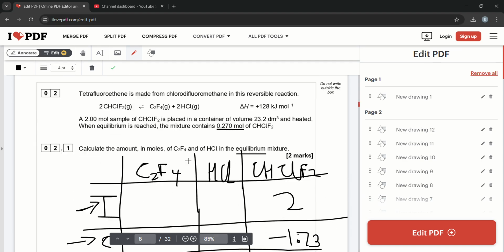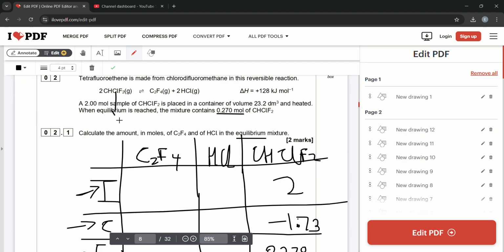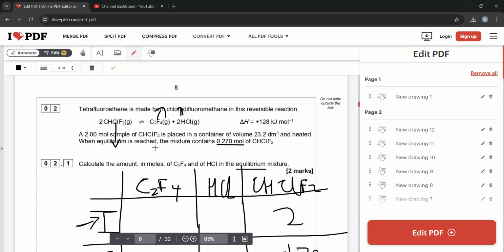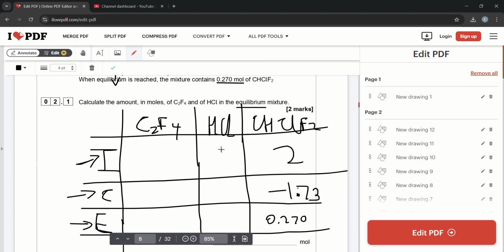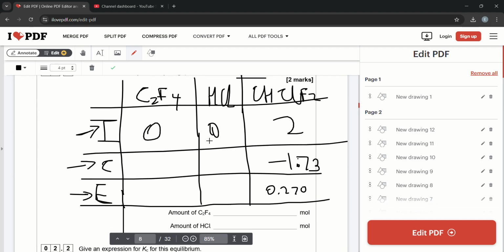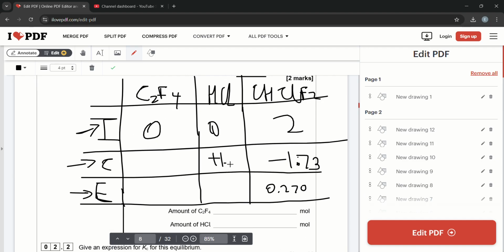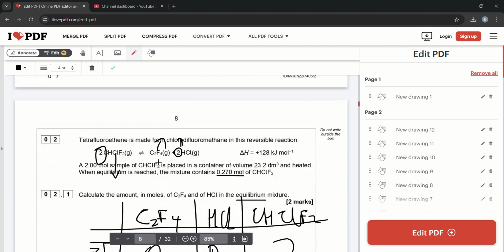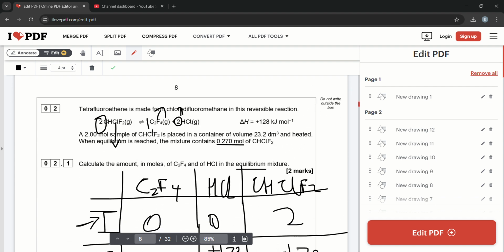Now if the change is decreasing on one side, it is going to be increasing on the other side. So in this case, we're going to assume that C2F4 and HCl have 0 initial moles. For HCl, because it's a 2, same mole ratio as the reactant, we can also add 1.73. So we get 1.73 equilibrium moles. However, for C2F4, it's a 1, so 2 to 1.